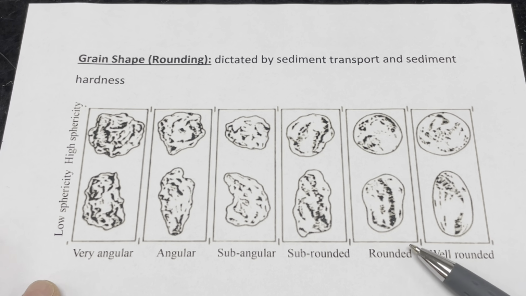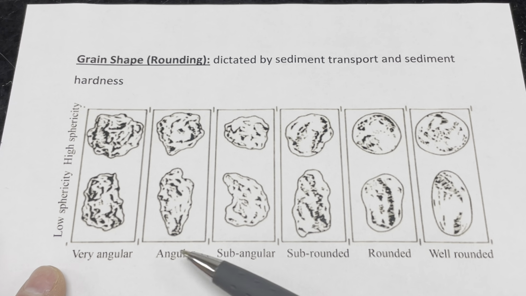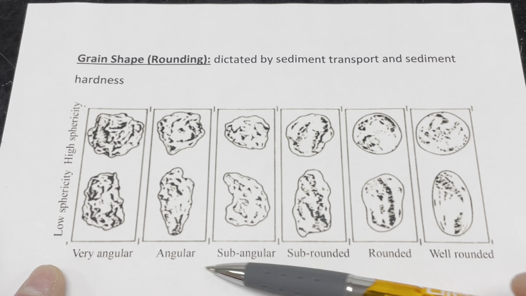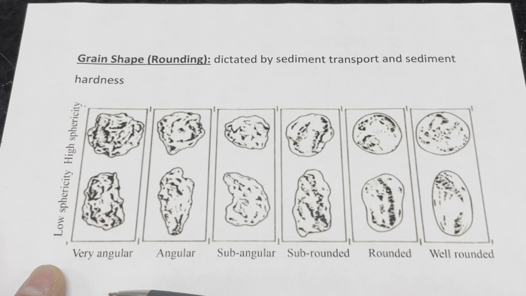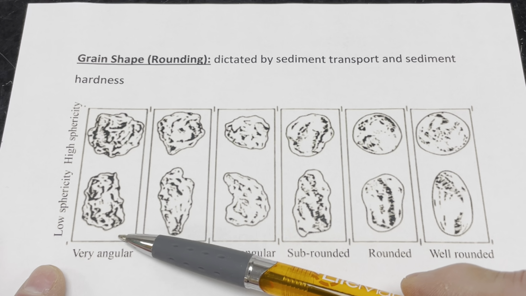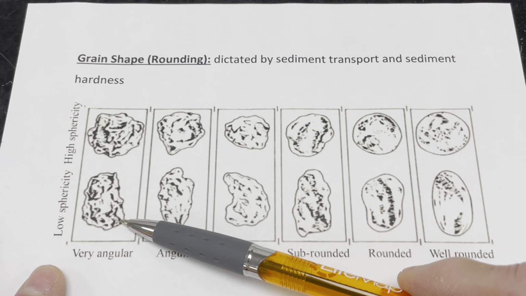So you can also find nice little examples like these on the internet where we use sort of another spectrum of phrases or adjectives to describe the shape of the grain, going from very angular with lots of little points and sharp protrusions along the edge of the particle.